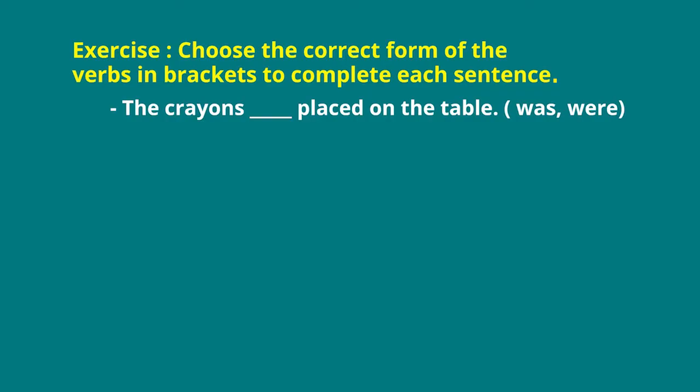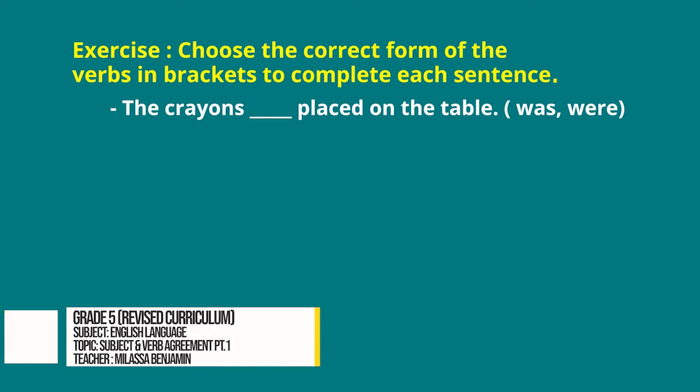So let's take a look at the sentence once again. The crayons something placed on the table. Our words in brackets are was and were. However, let's first identify the subject so that we can choose the correct verb form. What was placed on the table?